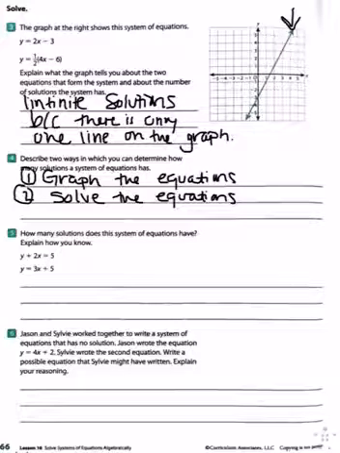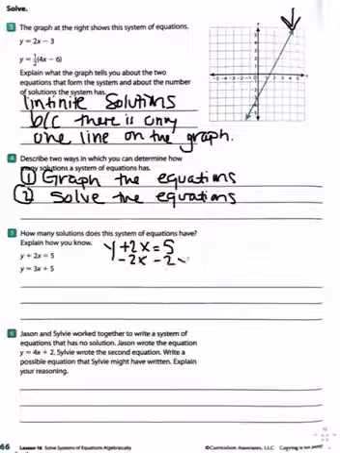Problem number 5. How many solutions does the system of equations have? Explain how you know. So first step is we need to get this other equation into slope-intercept form. So to do that, I'm going to subtract 2x from both sides in order to get that y by itself. And I'm left with y equals negative 2x plus 5.